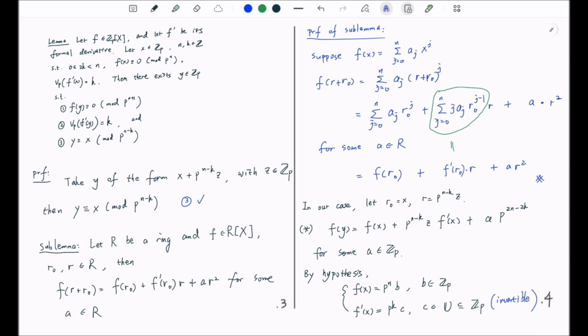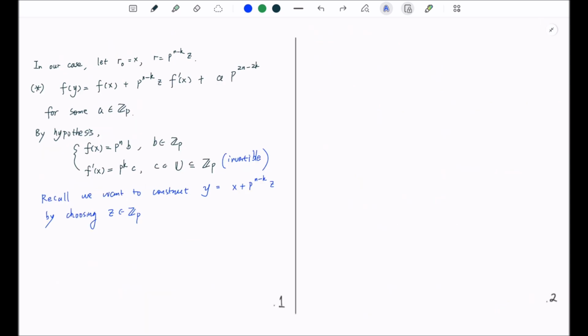Remember, as I said from the beginning, our goal is to construct this y satisfying 1, 2, 3. And we take y of this form. So now the goal is to carefully construct this z. And now, with this, we can construct this little z from b and c. What we're going to do now is make z an element in Zp, satisfying that b plus zc is 0.